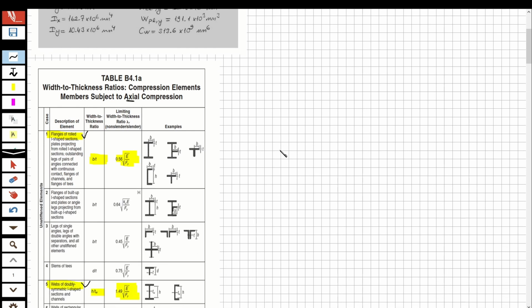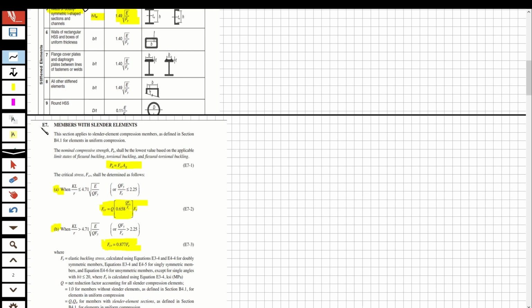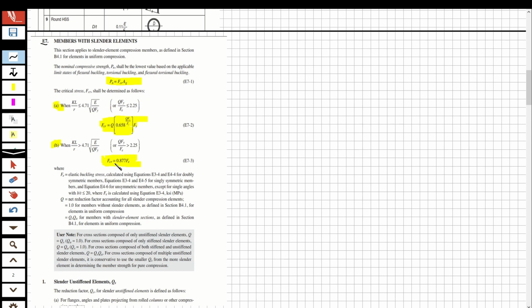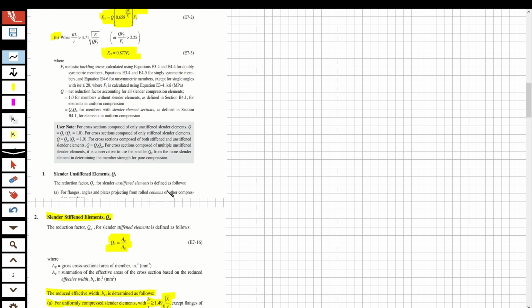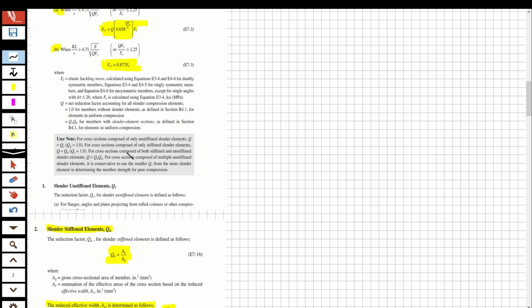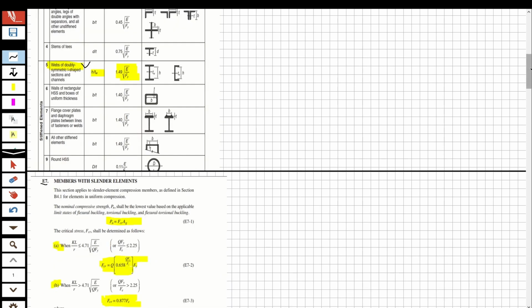So we are going to use chapter E and the part 7. Before that, let's calculate the slenderness ratio, and due to this slenderness ratio, we are going to decide QA and QS. So let's do it.